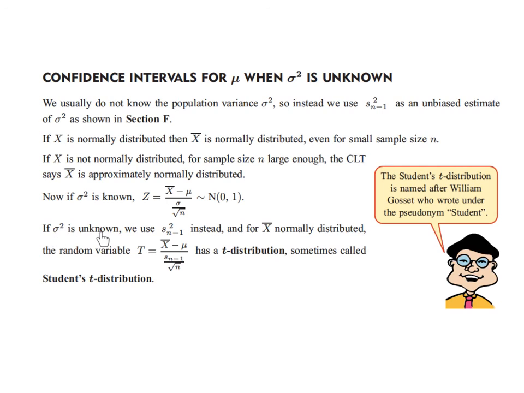When sigma square is not known and we use an estimate of the variance from the sample, then the test statistic will be on another distribution, which is called the t distribution. So we carry exactly the same process, but in our GDC, instead of using a z distribution or a z test, we are going to use a t test.